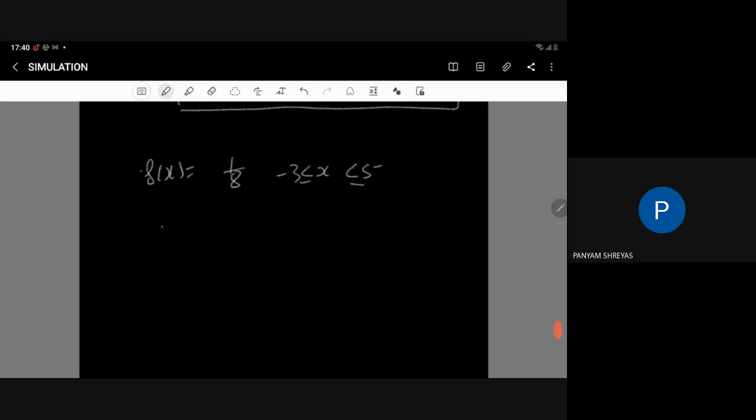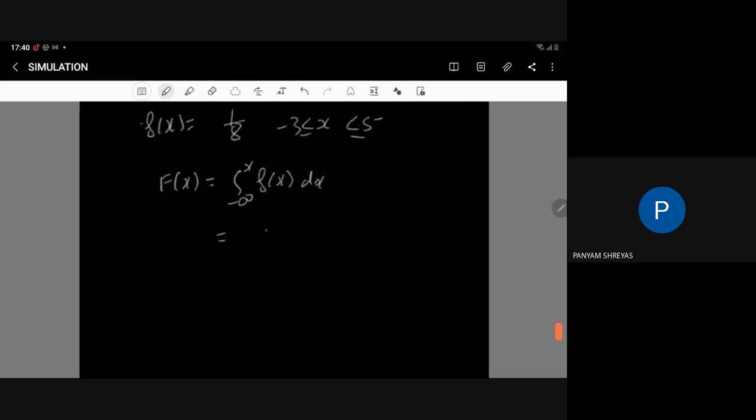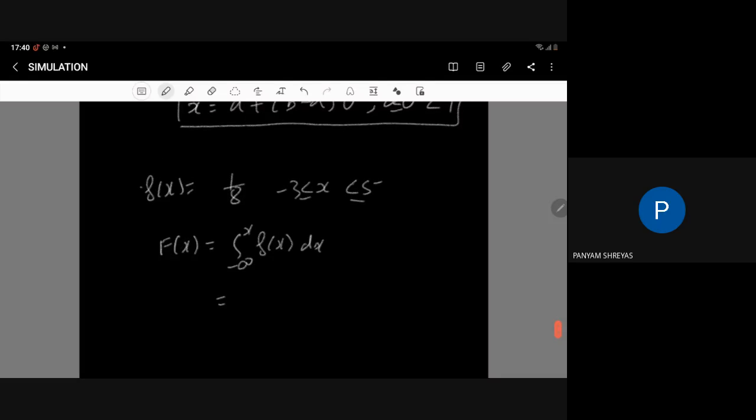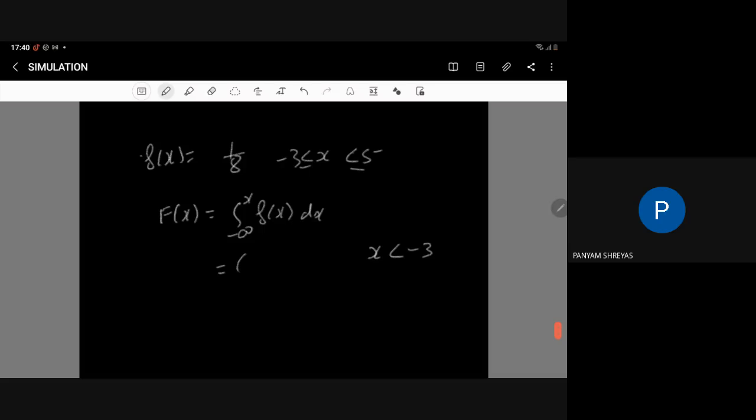So F(x) is the integral from minus infinity to x of f(x) dx. When x is less than -3, the integral from minus infinity to x of 0 dx is 0.